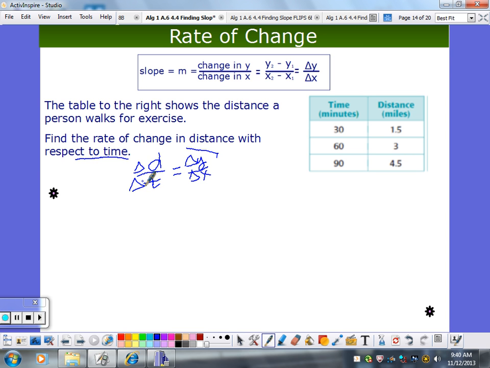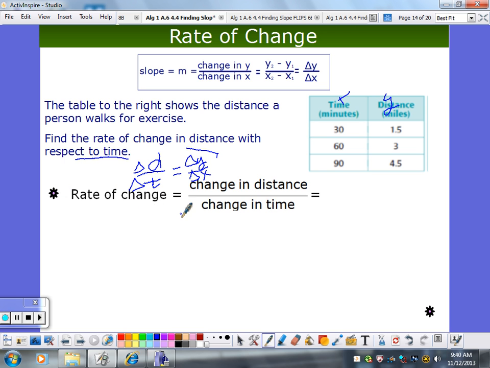Time is always the x, the input. So when I look at this table, this is the x and this is the y. So when I know that, can I find what I need to find here? I want the rate of change of distance. So this is just like a table like we did before. I'm going to use, I guess I'll use 2 points. 3 minus 1.5 over 60 minus 30.